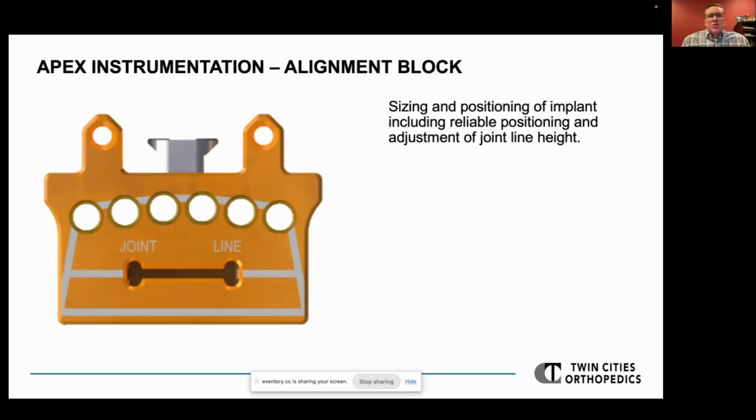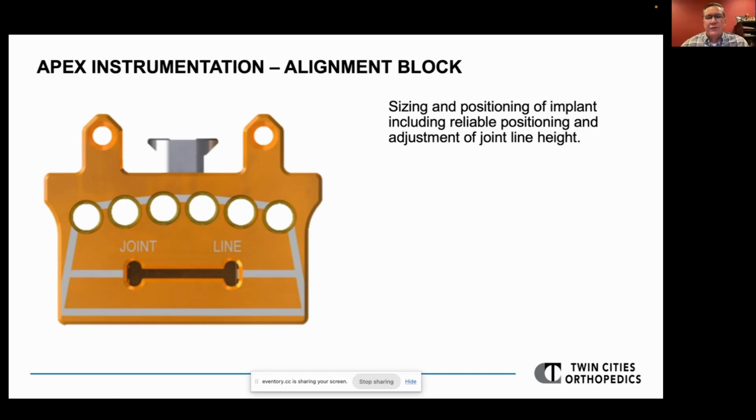When we talk about the instrumentation, one of the other things that attracted me to the system is this alignment block. So as we get our external alignment guide, or however we decide to get our alignment block on there, we can adjust the sizing and positioning in the implant, which then allows us reliable positioning and adjustment of the joint line height. With this implant we set the joint line height where we think the joint line height should be.